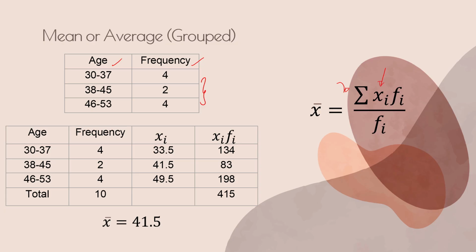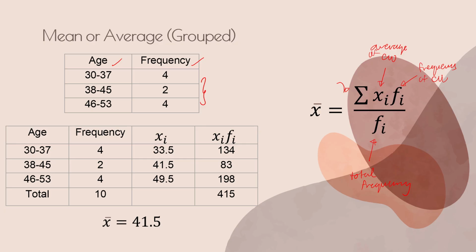So x sub i would be the average of the class width, f sub i would be the frequency of that class, and then f sub i at the bottom is your total frequency.